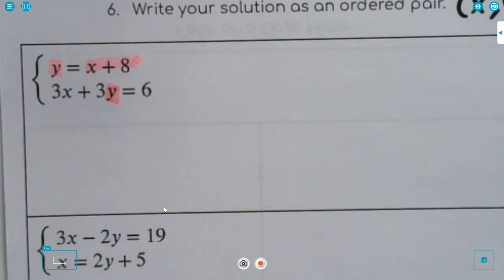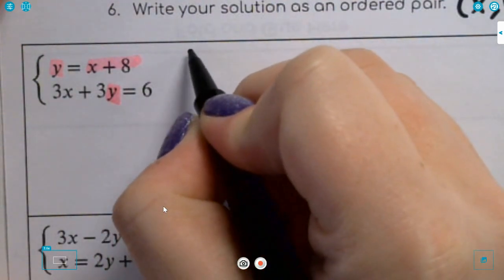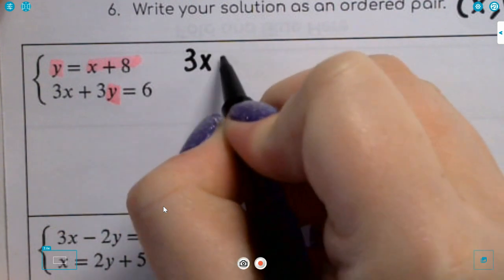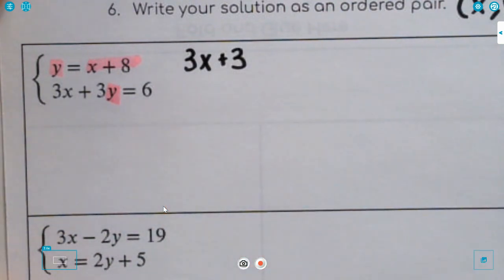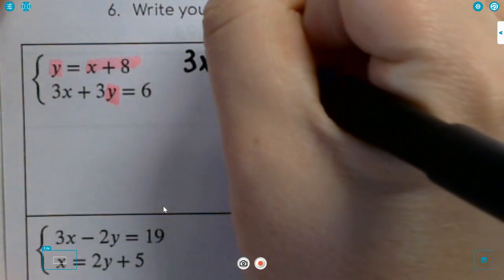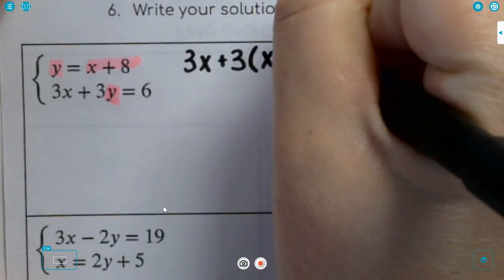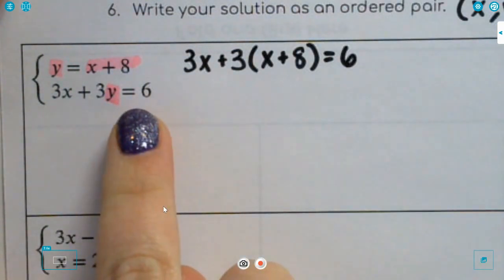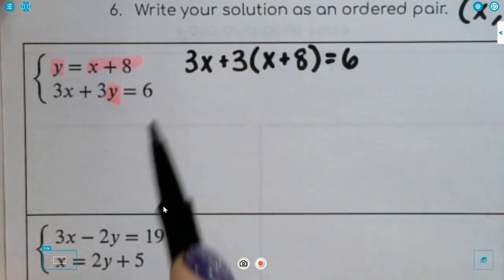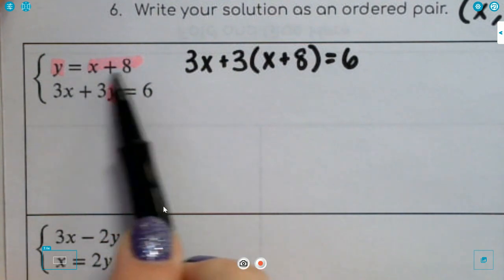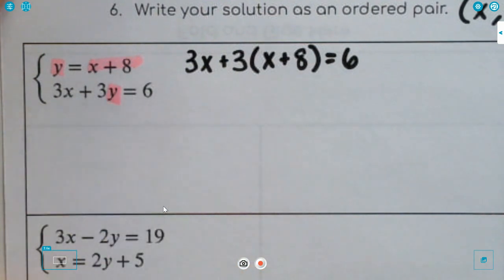Since I know that y equals x plus 8, I can replace a y with an x plus 8. So I'm going to rewrite my bottom equation. It's going to be 3x plus 3, and then instead of the y, I'm going to put in an x plus 8, and then finish it out with equals 6. So all I've done so far is take this x plus 8 and plug it in for y.